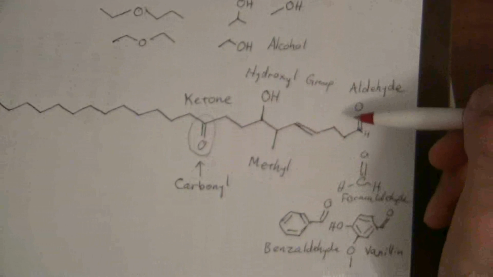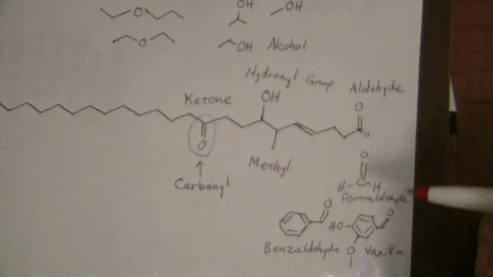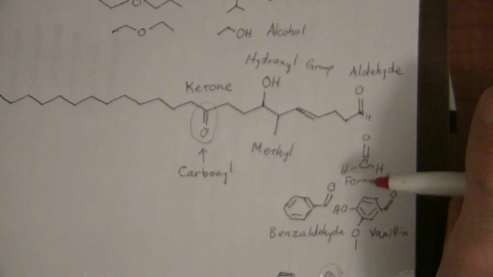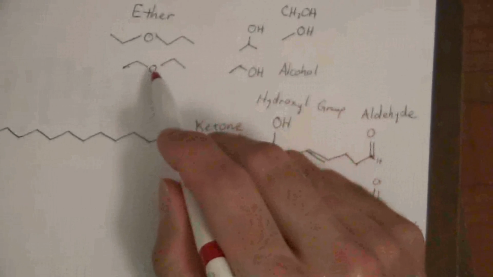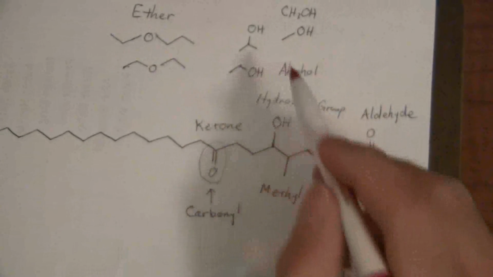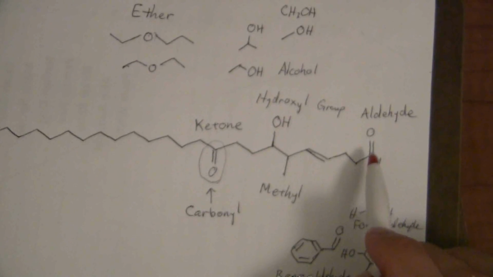It makes an aldehyde if it's just at the end of one chain. So again, just in the same way that an ether is related to the alcohol, the ketone is related to the aldehyde.